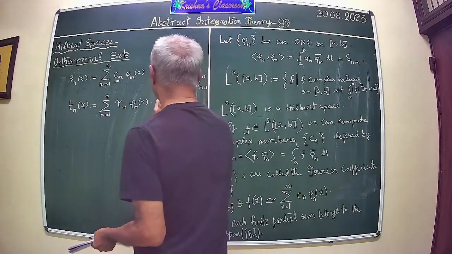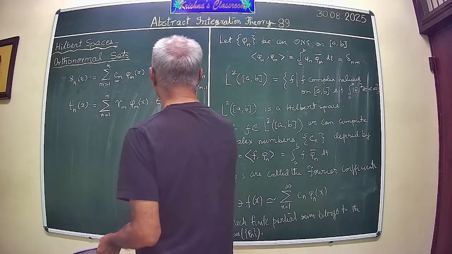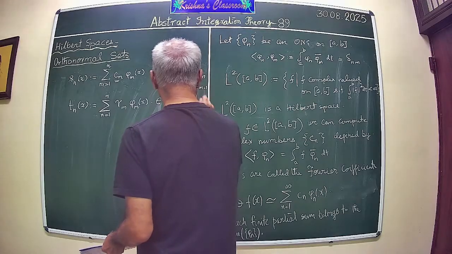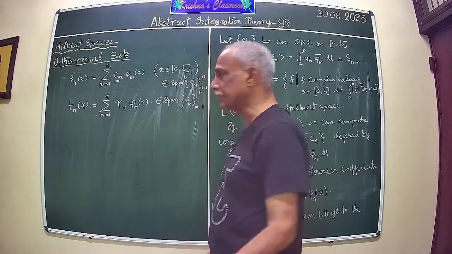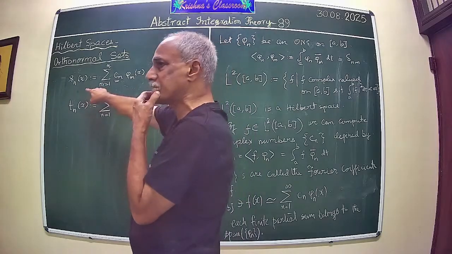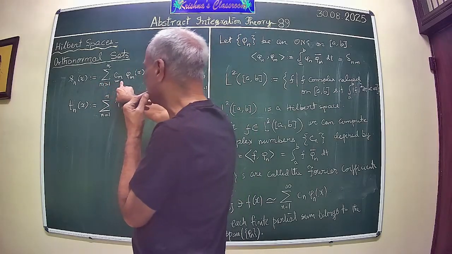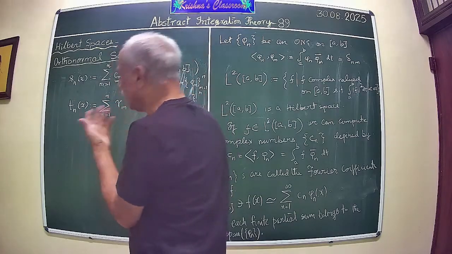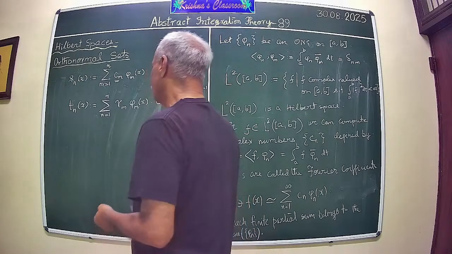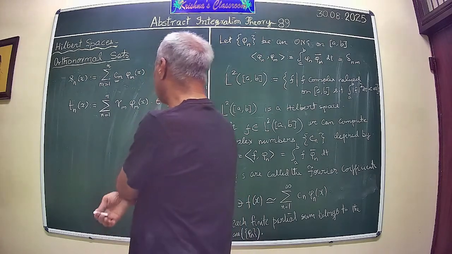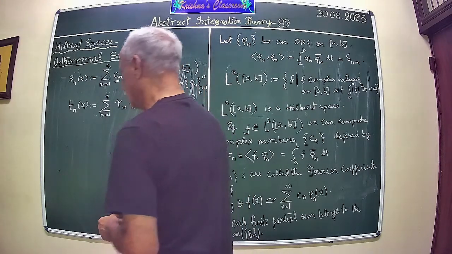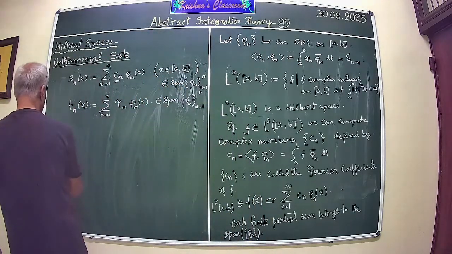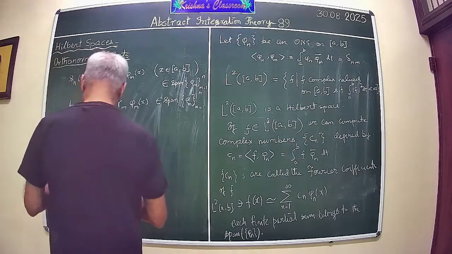See the point is this: S_n is constructed with the Fourier coefficients, whereas T_n is with any set of scalars that you have, or any set of complex numbers. Okay, now what one can prove is this.